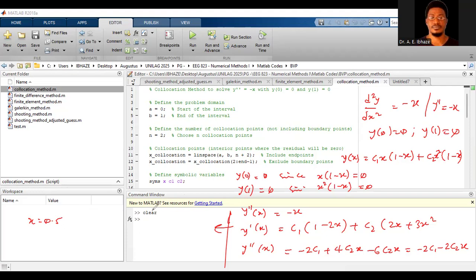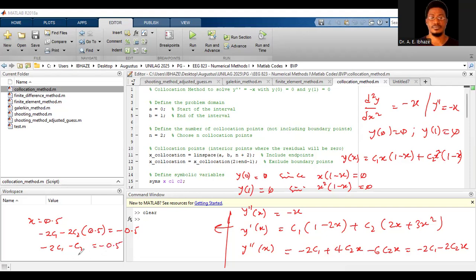If we substitute that into our differential equation, we have -2C1 - 2C2(0.5) equal to -0.5, so -2C1 - C2 is the same as -0.5.